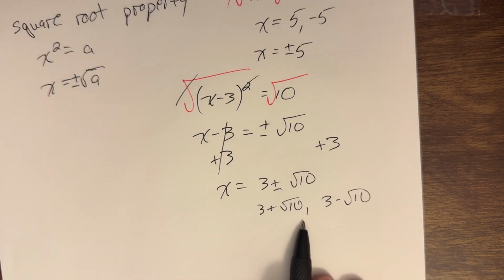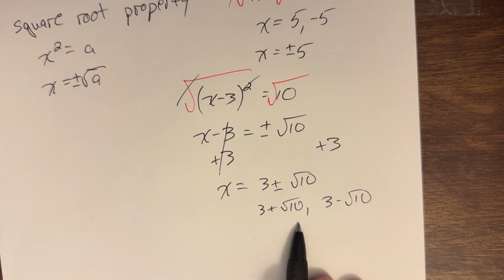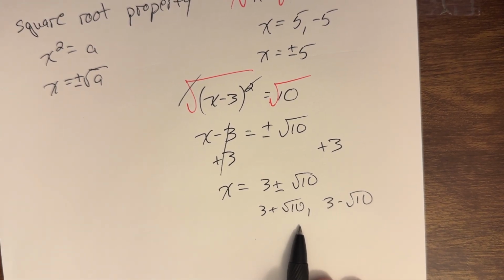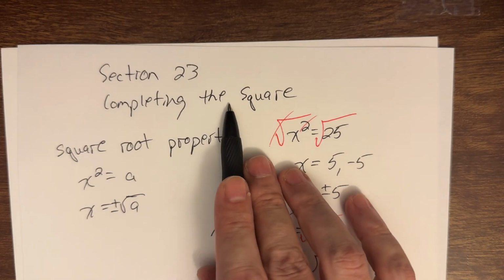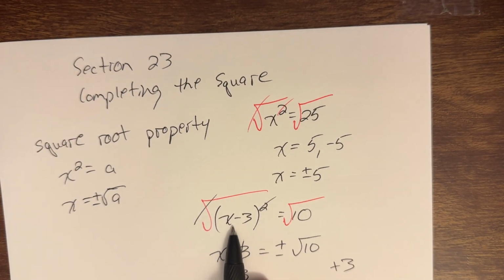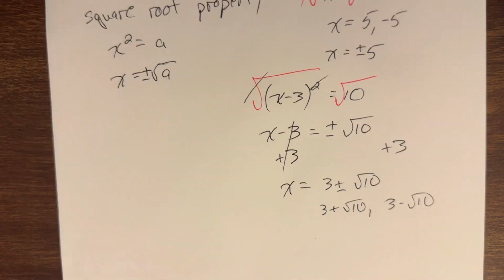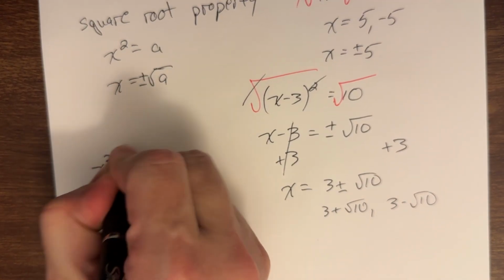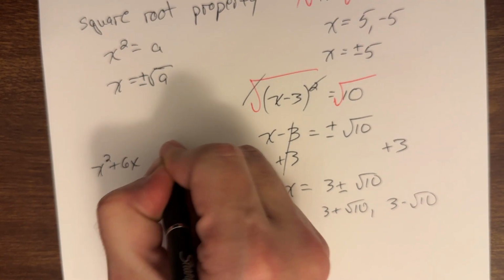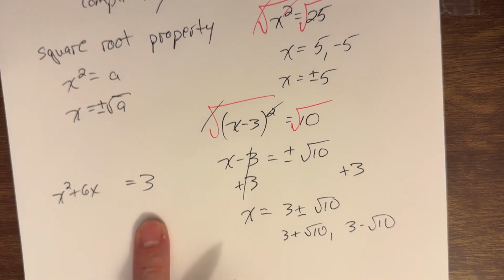So that's neat. And now that finally gets us to this idea of completing the square. Completing the square, the idea of that is to take a complicated equation, a complicated expression, I should say, and to break it into something like this. So if I had x squared plus 6x equals 3.